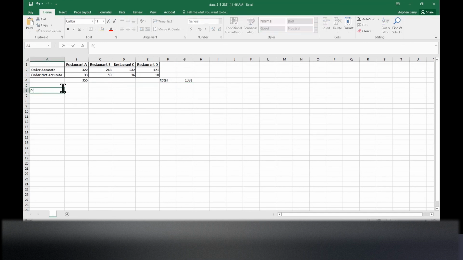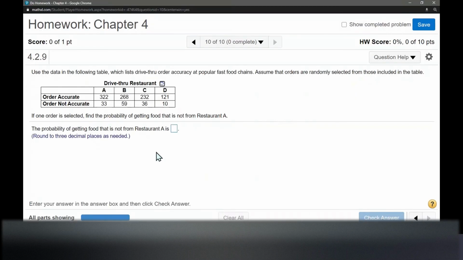So the probability of A would be A over the total number, right? So it would be this divided by this. And then the probability of not A would be 1 minus this one. And then we would just have to be careful for the number of significant digits. Round to 3 decimal places.